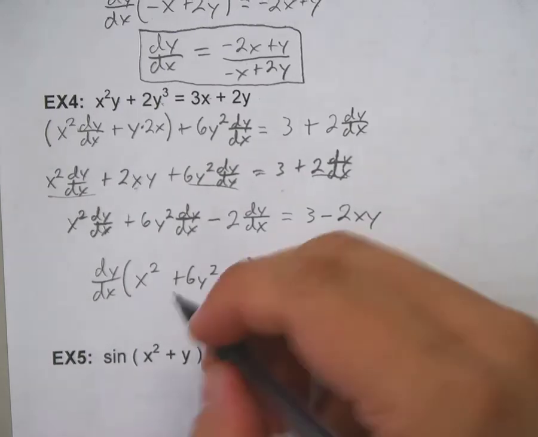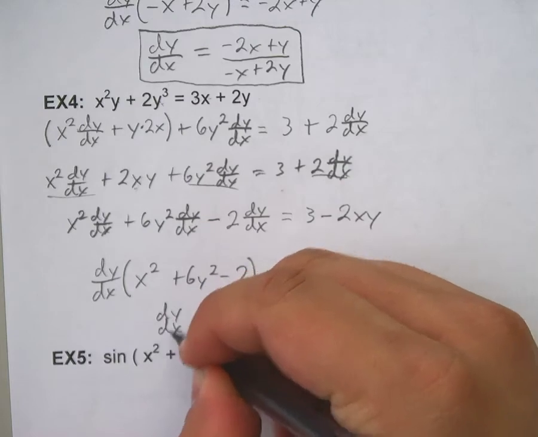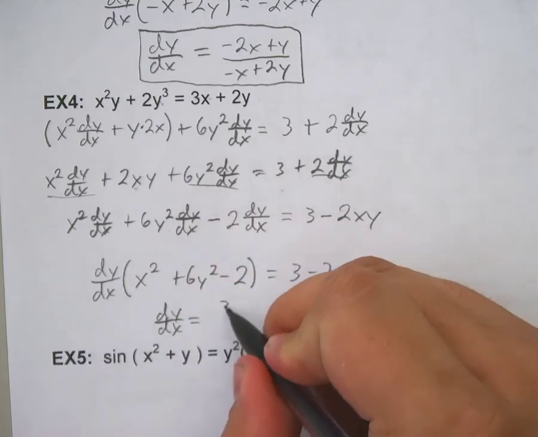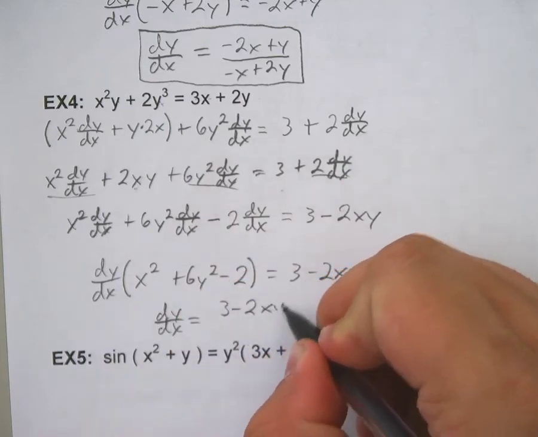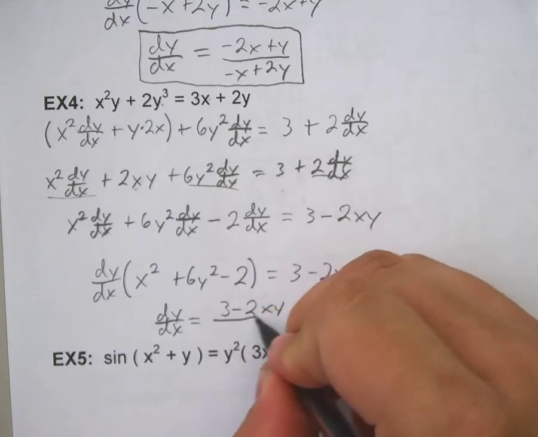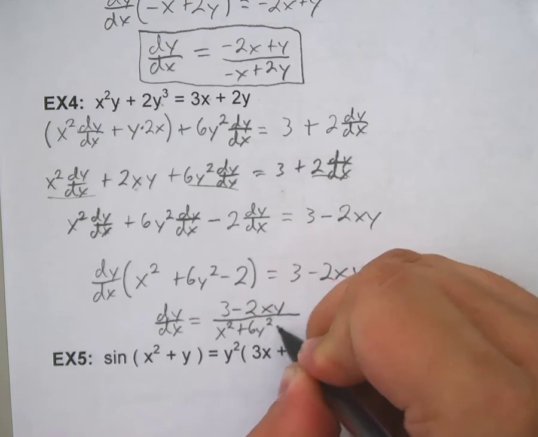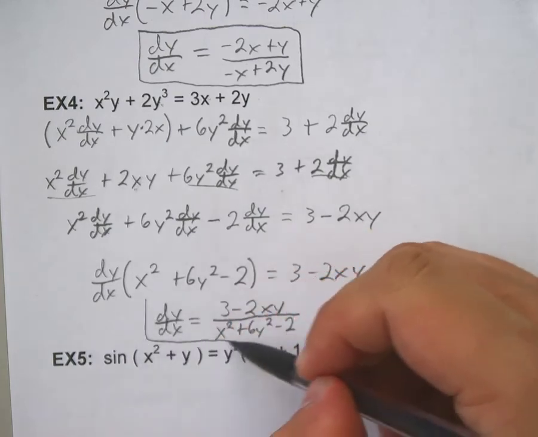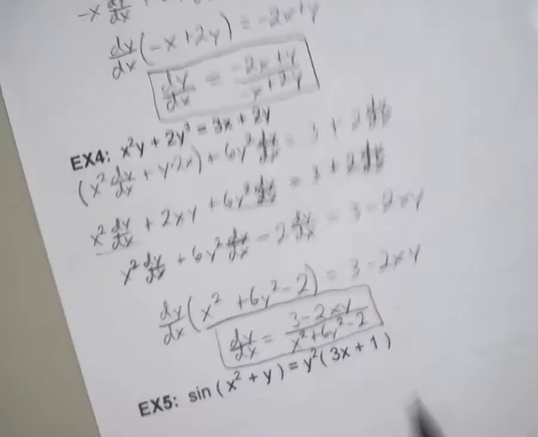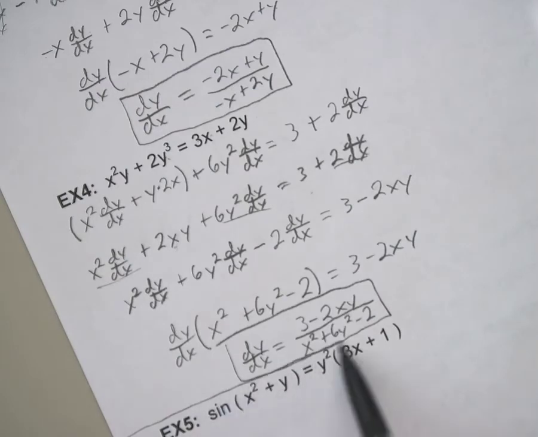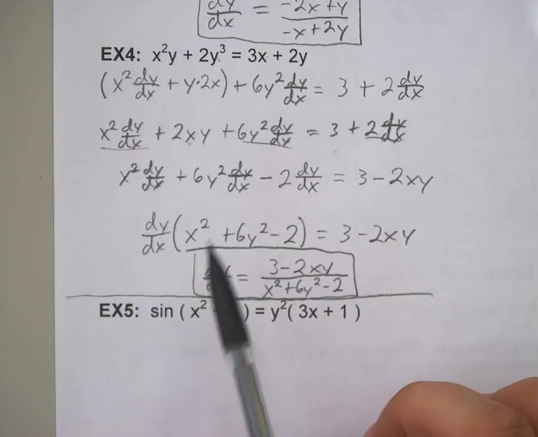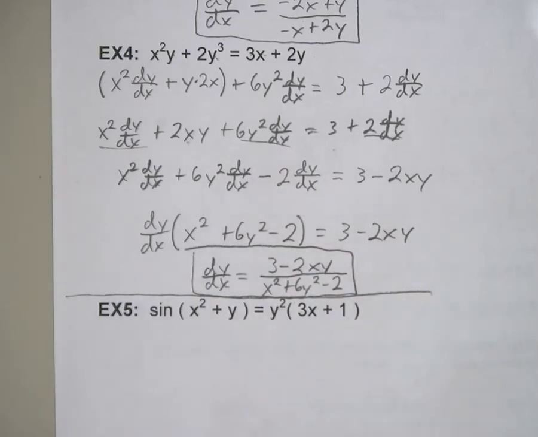So dy dx is equal to 3 minus 2xy over x squared plus 6y squared minus 2. And there you have it. Divide this over, and you're set.